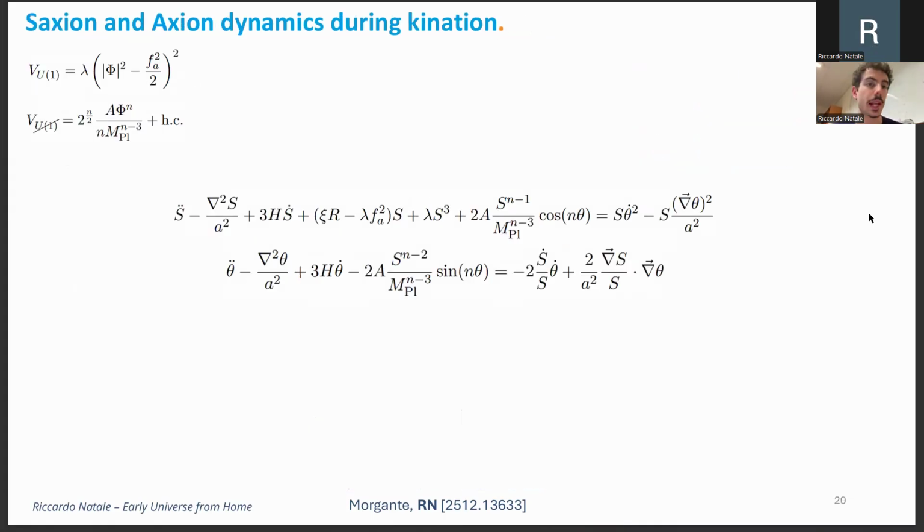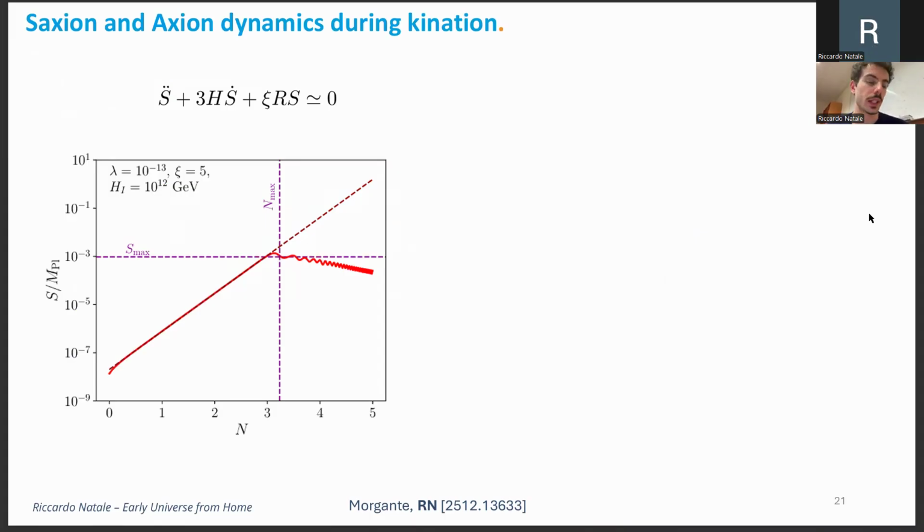So we study the dynamics of the axion and the radial mode, and I write down now the full equations of motion. And if we look at the zero mode for the axion at the beginning of the tachyonic phase, so the transition from inflation to kination, now the axion field will experience a new minimum at very high field values.